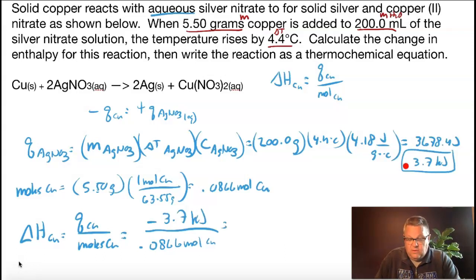If Q silver nitrate is positive 3.7, then Q copper is negative 3.7. That just means heat is released from the copper and is flowing into the silver nitrate.